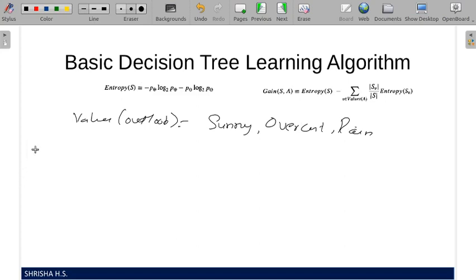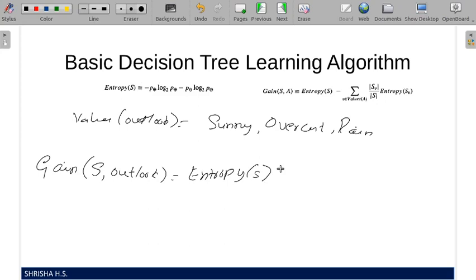So how actually will it work? We'll first write this. The gain with respect to outlook for our data set is entropy of S minus the summation over all the values we are taking.